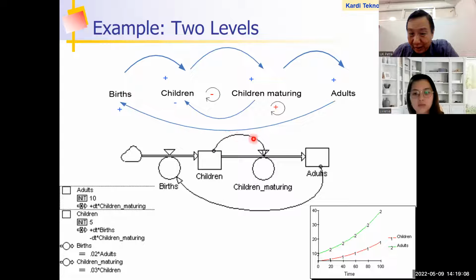And then for this one we create a new rate, because remember a level cannot influence another level directly. So we need to have a rate here. Let's call it children maturing, so the children become adults. Say the rate is 0.03 times the number of children.